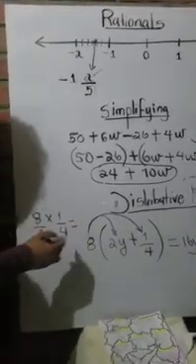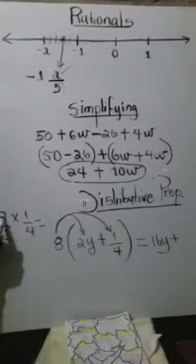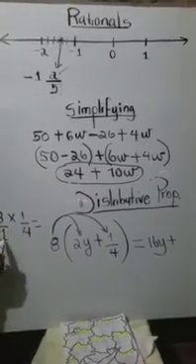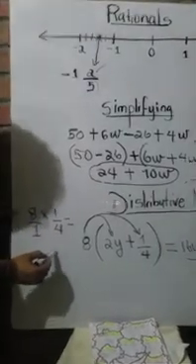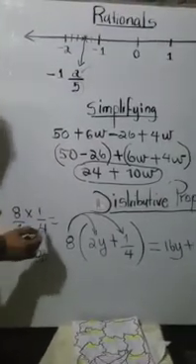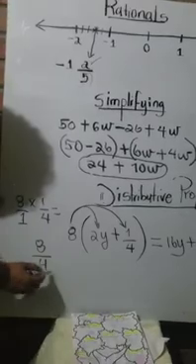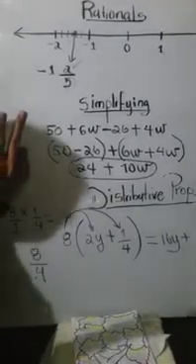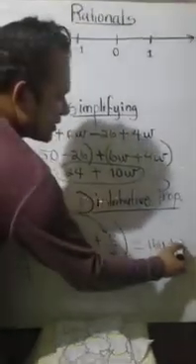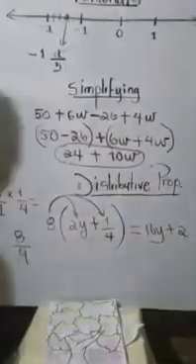And the way we multiply this is numerator times numerator and denominator times denominator. 8 times 1 is 8, and 1 times 4 is 4. And if you divide 8 by 4, the result is 2. So the next number here is 2.